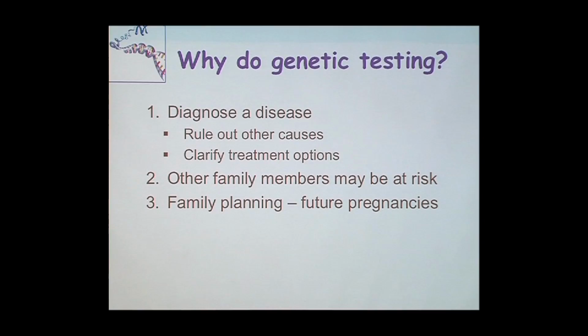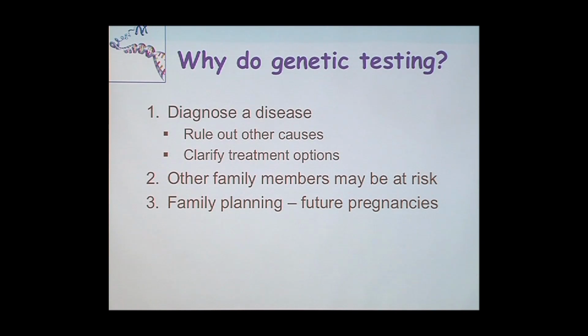Also, for genetic diseases, which is very different than other kinds of diseases, if you make a diagnosis of a genetic disease, it does not just affect that particular patient, it affects their entire family, because other people in the family may be at risk for this disease. It's also very helpful for couples for family planning for future pregnancies.